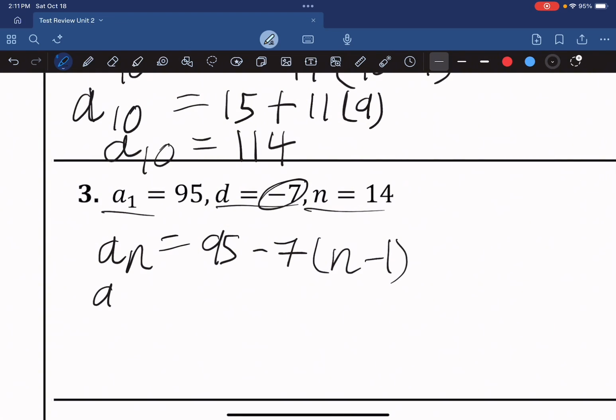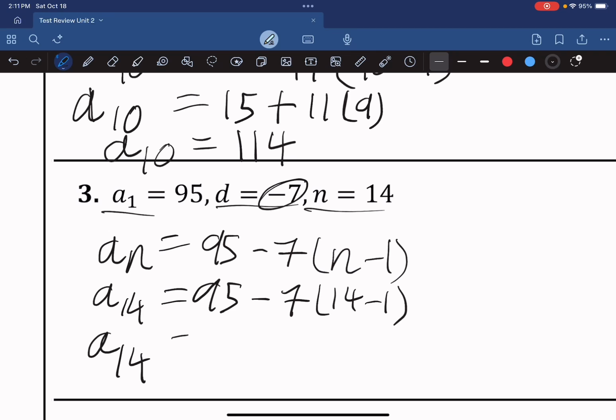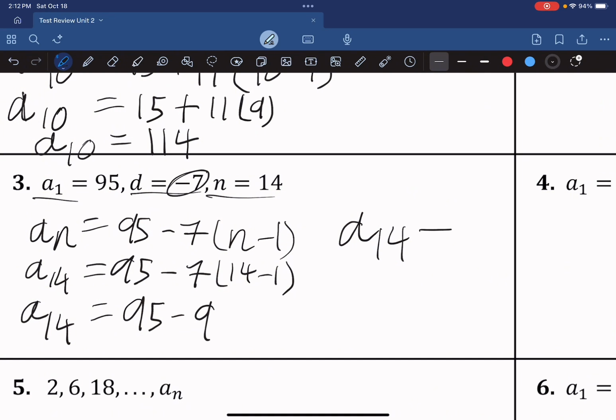So that'd be a of 14 equals 95 minus 7 times 14 minus 1, which is a of 14 equals, that's 13 times 7 is 91, so it's 95 minus 91. A of 14 equals 4.